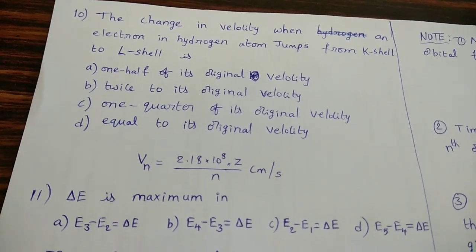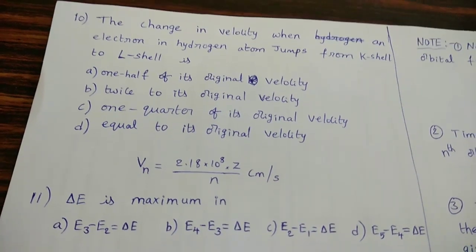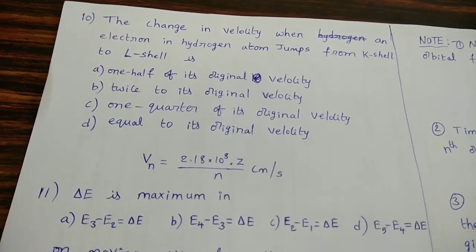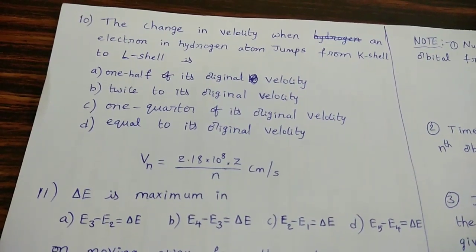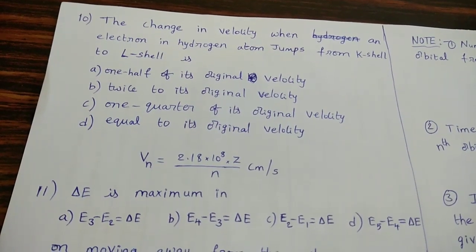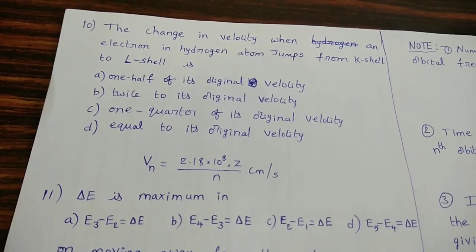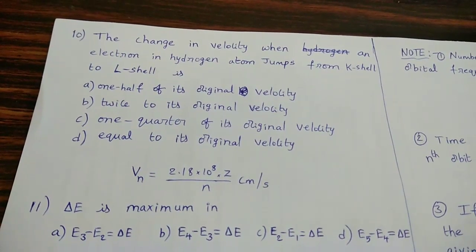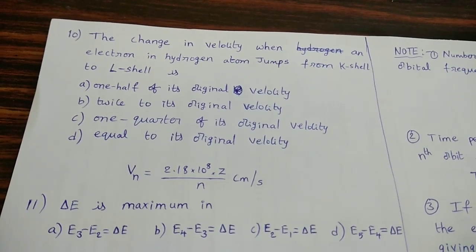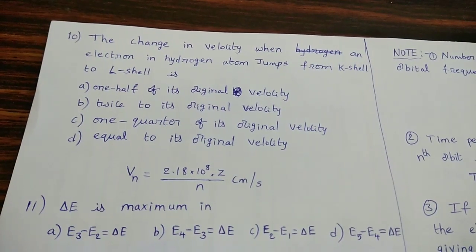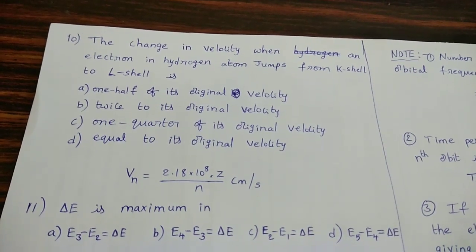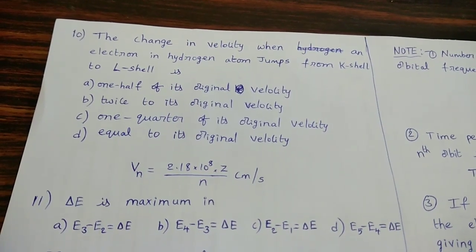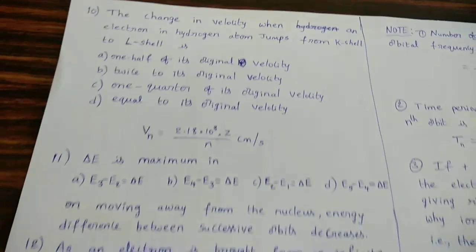The energy levels come close together. So between first energy level and second energy level, more energy gap is there. Second and third, less energy gap. Third and fourth, very less. 4 and 5, very, very less. So which option has maximum delta E? Option C, E2 minus E1. First energy level, second energy level, energy gap is more. So in that case, delta E value is maximum. So option C is the answer.